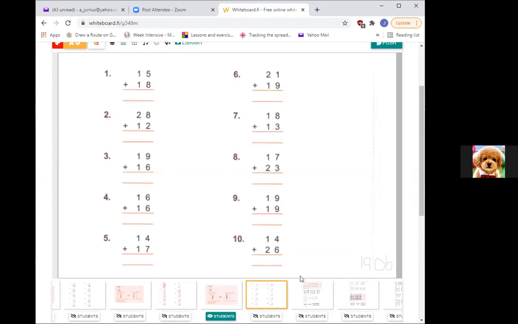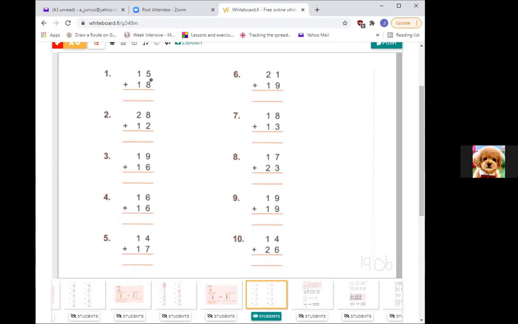Maxim, can you do number 1 for me or with me? On page 190, number 1. What does it say? 15 plus 18. Very nice. So we're going to add the ones column first.